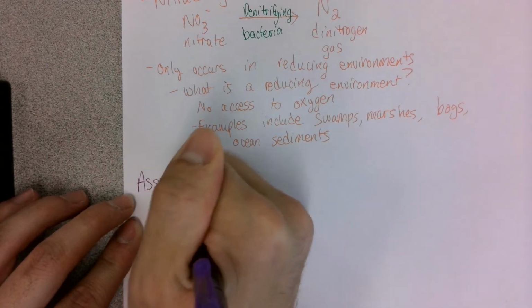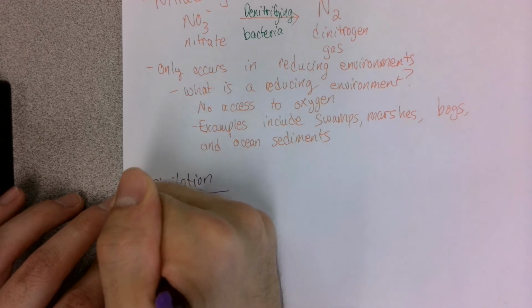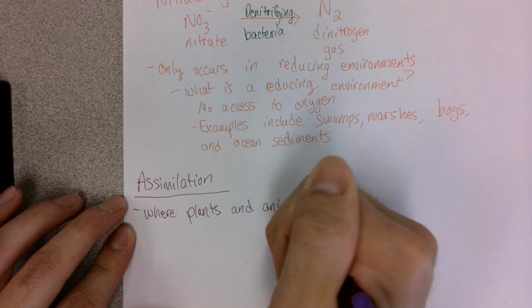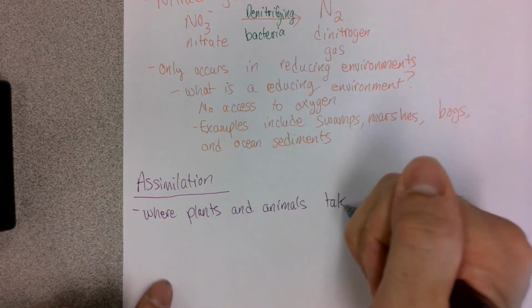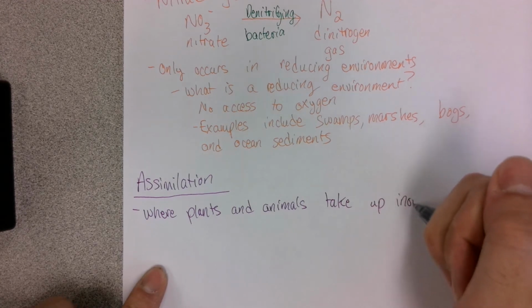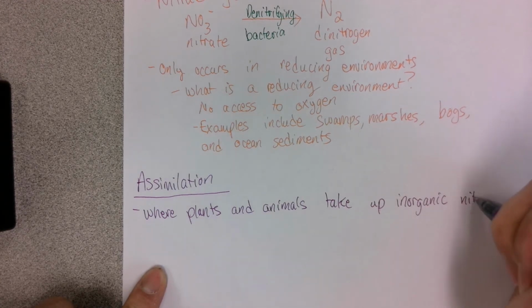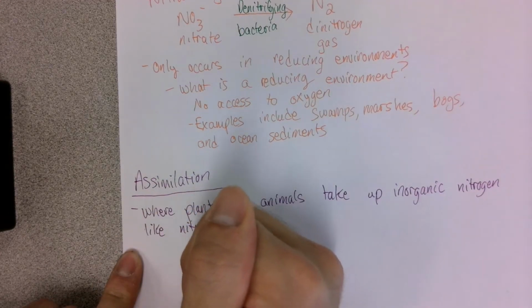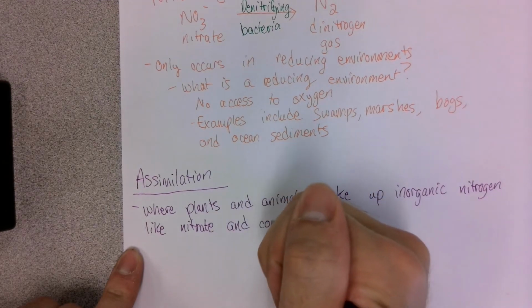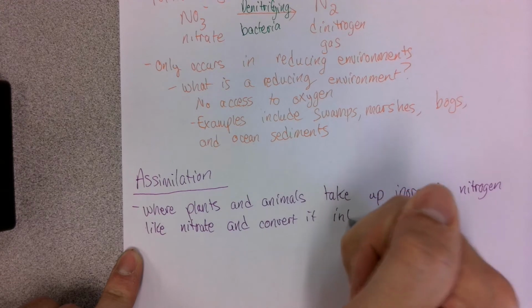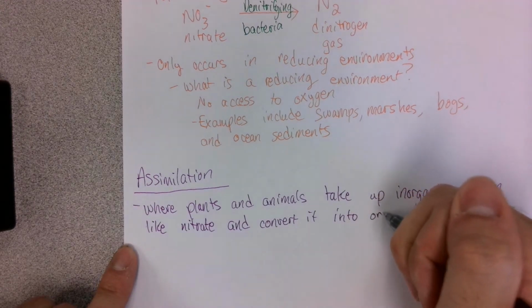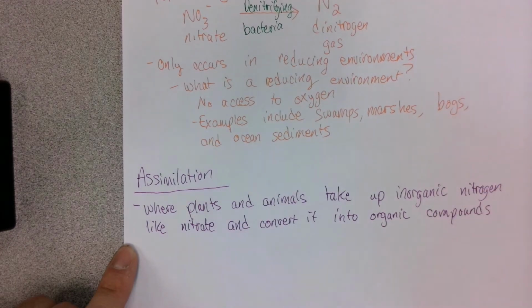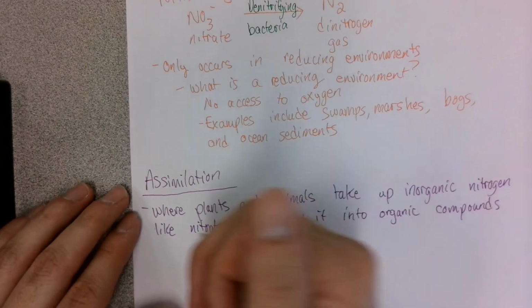So assimilation is where plants and animals take up inorganic nitrogen, like nitrate, and convert it into organic compounds. You need nitrogen in your body for things like your DNA and certain proteins and stuff like that. So this is the whole assimilation thing.